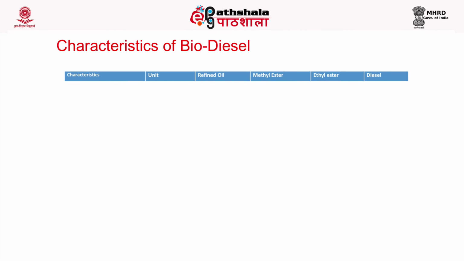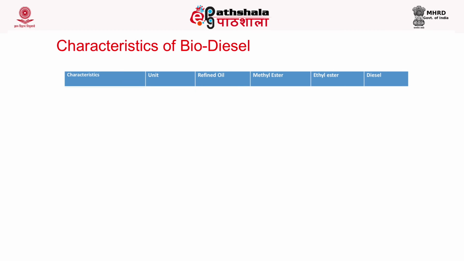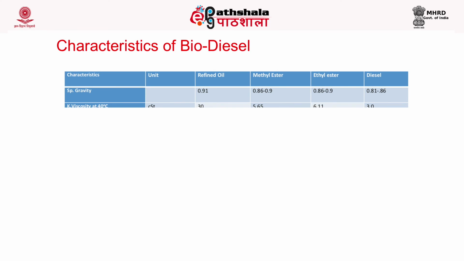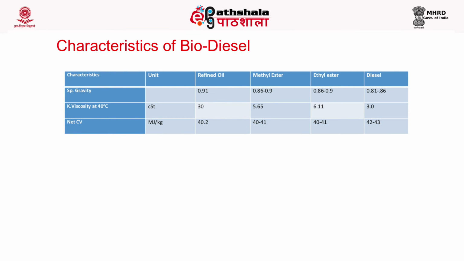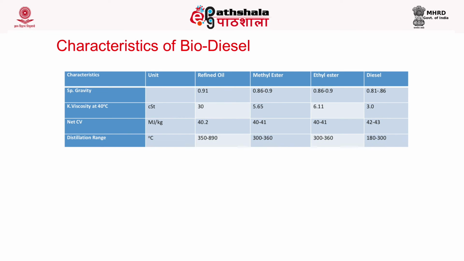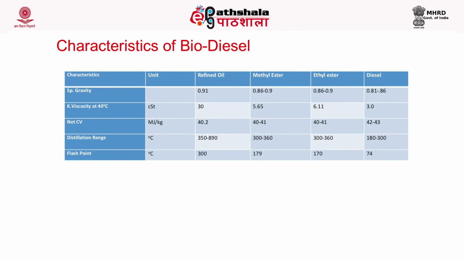Now the specific gravity is a little higher as compared to diesel for methyl as well as ethyl ester. Then kinematic viscosity of methyl ester and ethyl ester is comparable, not much different, and it is about double that of the diesel, but it is 6 times less as compared to vegetable oil.